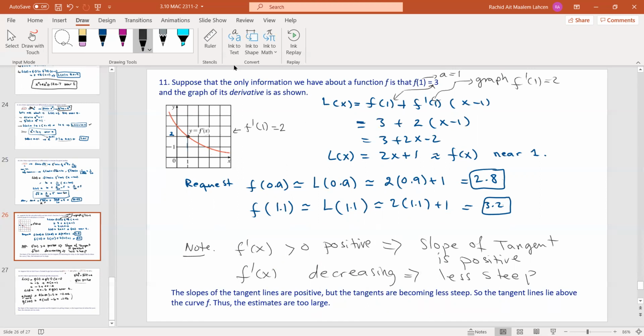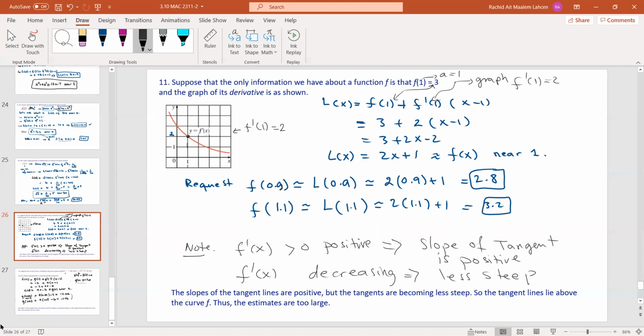And then we simplify, we get L of x, or linear approximation, is 2x plus 1. And we can use it now to find for the two requests, 0.9, substitute 2.8, 1.1, substitute 3.2. So it's the same process, even if the formula is not given. If the graph is given or other information is given, it's the same process. No problem there.